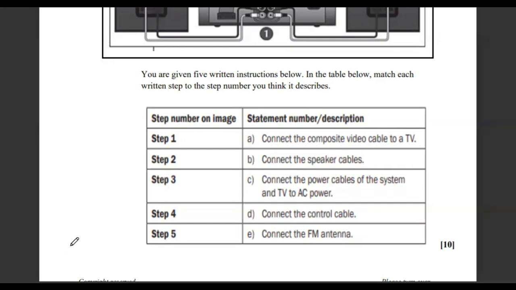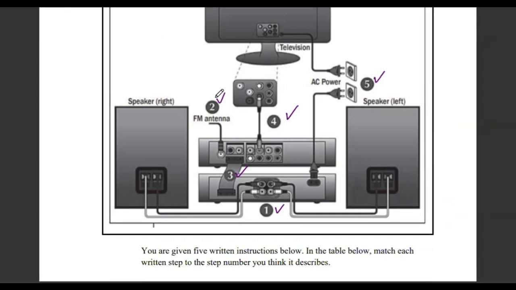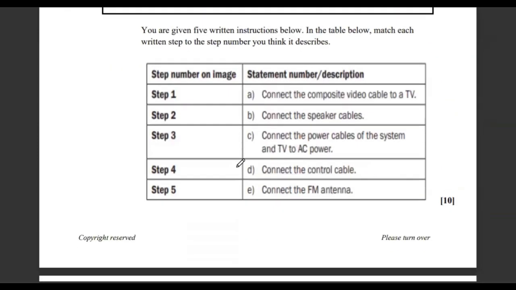All right. When we look at this diagram here, the picture, it has numbers. For example, number 1 here, number 2, number 3, number 4, and number 5. When you look at these diagrams here, below are instructions.